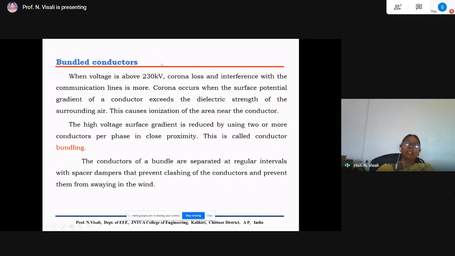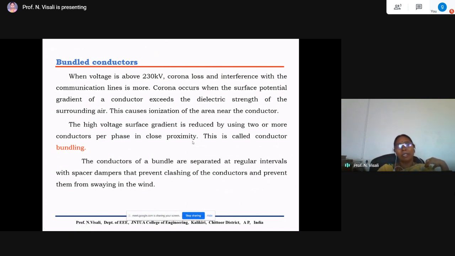Here they have given what is meant by bundling. The high voltage surface gradient is reduced by using 2 or more conductors per phase in close proximity. Previously, we used a single conductor per phase.